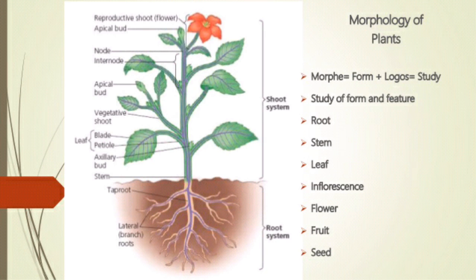We also need to know about the possible variations in different parts found as adaptations of the plants to their environment, adaptation to various habitats for protection, climbing, storage, etc.